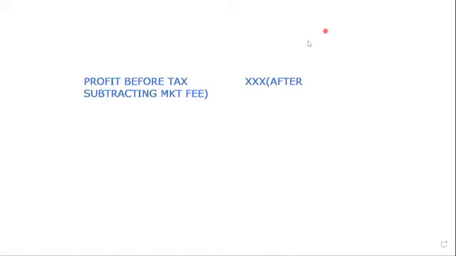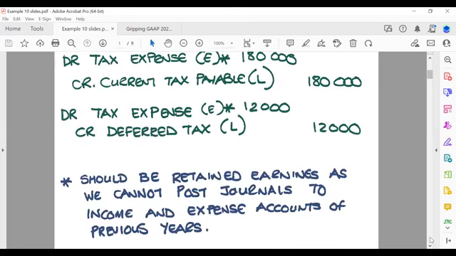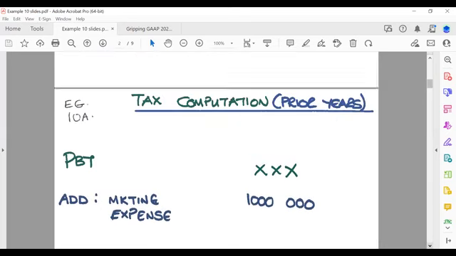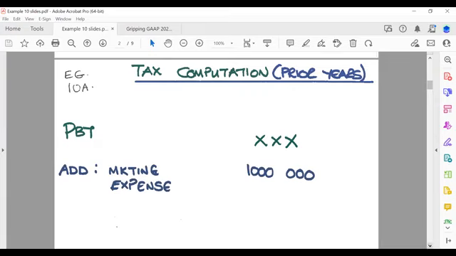So what does our tax computation look like? If I go back to my slide, I have prepared, and all these slides will be uploaded onto Learn For You, a tax computation for you.